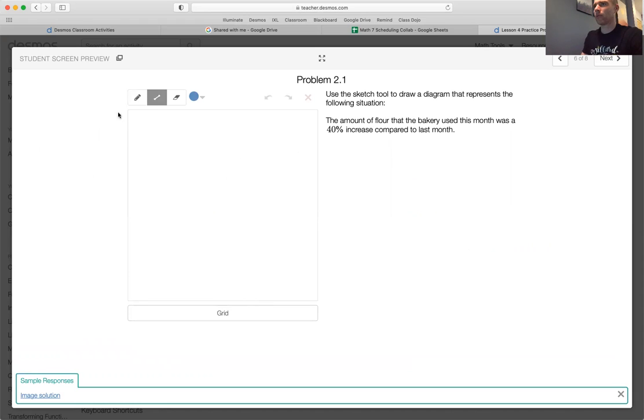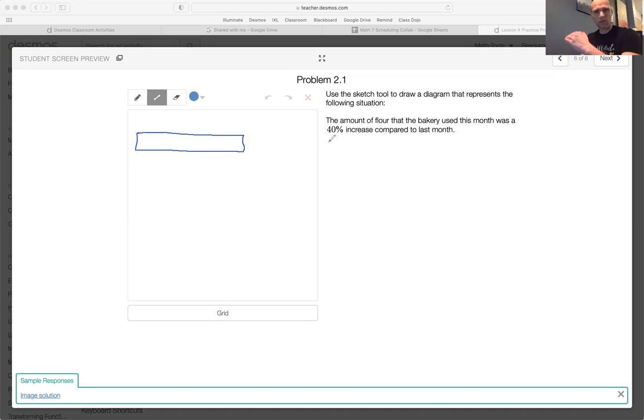And so let's start by making a bar that represents the original amount of what we had. And I'm going to leave some extra space because I know that the other bar I'm going to draw is going to be 40% more, right? So I'm going to save some extra space.